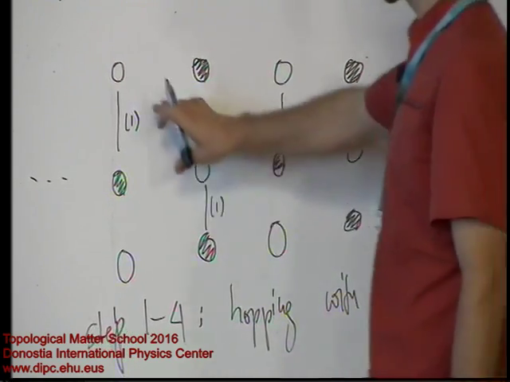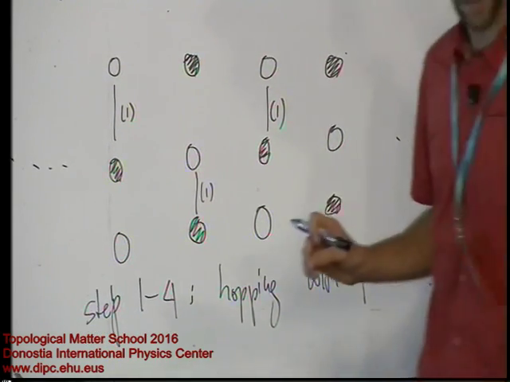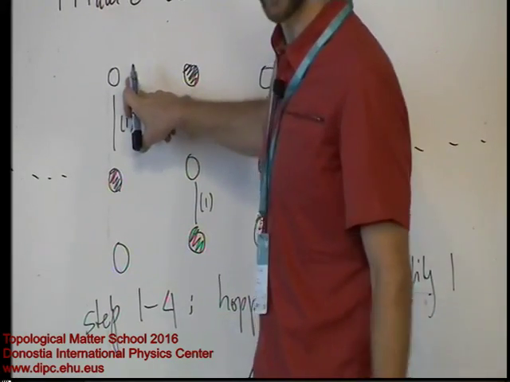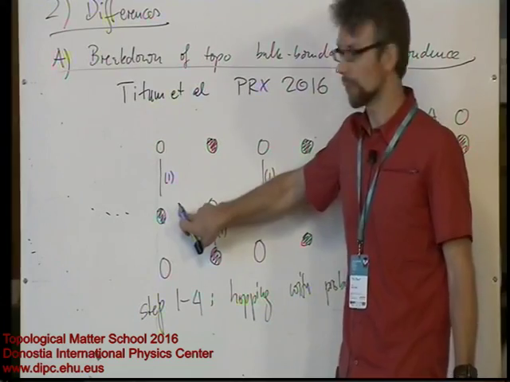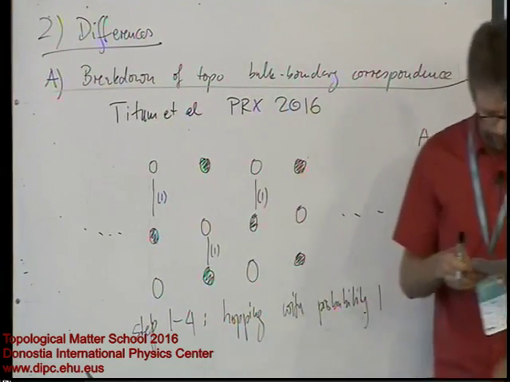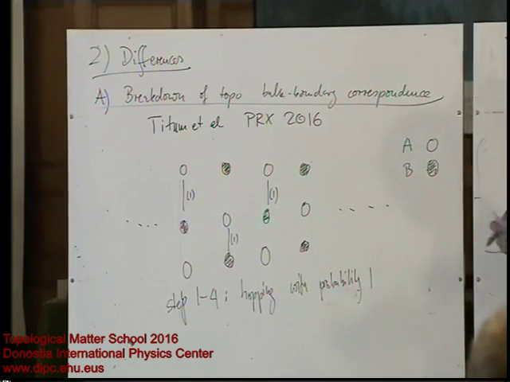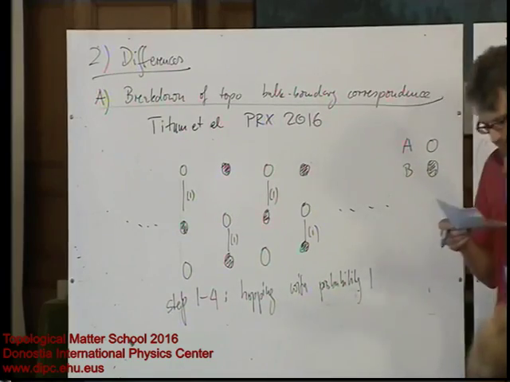If I turn on a hopping term between these two sites for just the right time, I can make sure that whenever I started out with a particle here, it will be there with probability 1. And of course, if it started out here, it will go up with probability 1. So in the first step, these bonds are going to be activated.